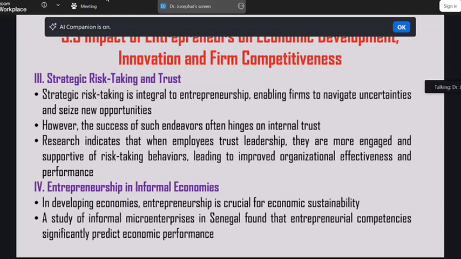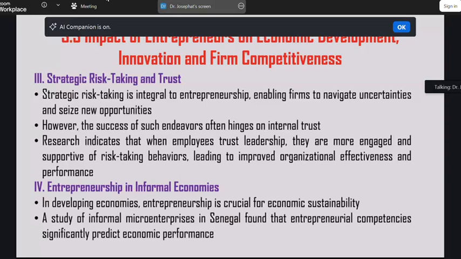So we term strategic risk-taking an integral part of entrepreneurship, which enables firms to navigate uncertainties as well as seize new opportunities within the market. However, the success of such endeavors often hinges on internal trust, on how you trust your intuition, on how you trust your feelings, on how you trust your internal capability and the likes.